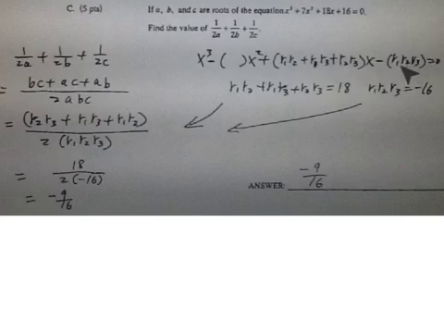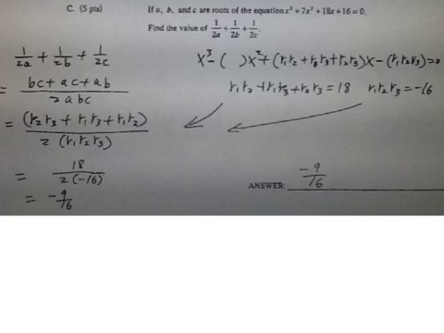So that's what we have here, r1 times r2 times r3. We also know that this term right here with the x is going to be found by multiplying all the possible combinations of two roots together and then adding them together. So we have r1 paired with the r2, r1 paired with the r3, and then r2 paired with r3.